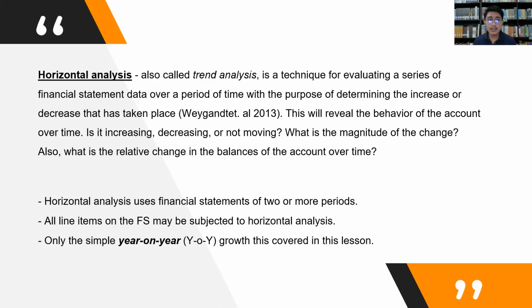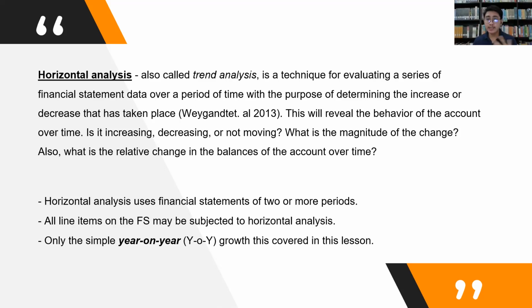Sabi ko kanina, through horizontal analysis or trend analysis, we can determine if the statement is increasing, decreasing, or not moving. What is the magnitude of the change? Also, what is the relative change in the balance of the account over time? And also, when we say horizontal analysis, it uses financial statements of two or more periods. Hindi lang po siya limited in two years, but also for more than a year.